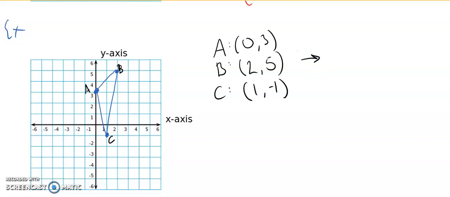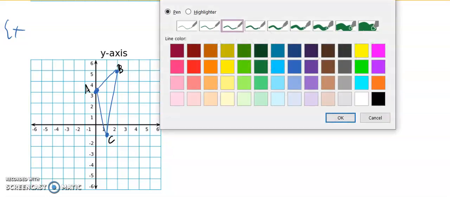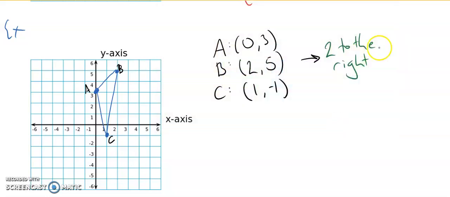The way we're going to translate it is 2 to the right this time. And let's move it down again. So we're going to move 3 down. Okay, so real quick, let's describe this movement as we would before.